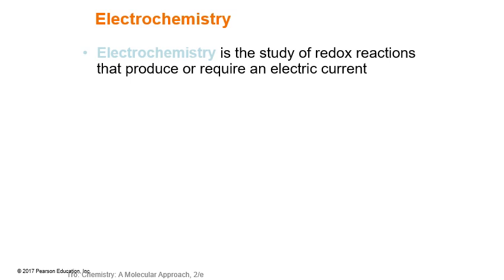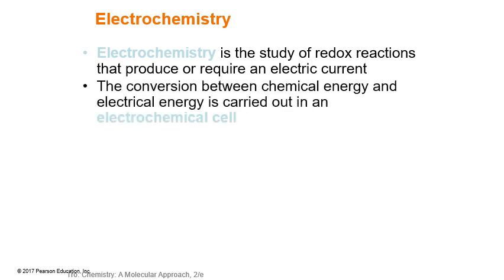We can't have one without the other, and this happens when we transfer electrons from one element to another element. And this transfer happens in an electrochemical cell. It's where we convert chemical energy into electrical energy through that transfer of electrons.